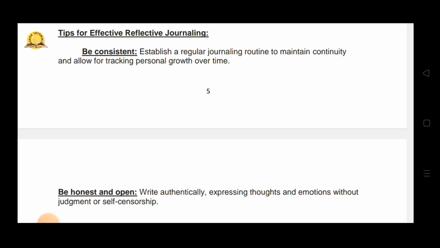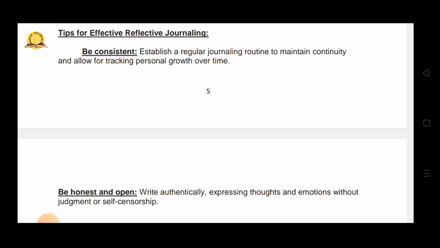So consistency is the key to success. So whatever you do, be consistent. Try to be consistent in whatever you are doing. See, water and stone, they are opposite to one another, right? But still water can make a hole or can break the stone sometimes due to its consistency.